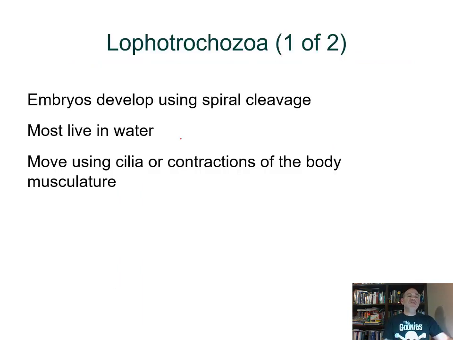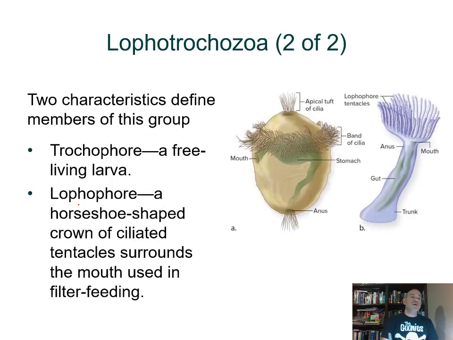So looking at the Lophotrochozoa now, which in the prior edition included both, which was part of the broader Spiralia, and then there was the Platyzoa, but they're all protostomes, so they're going to have spiral cleavage. This is something we covered in the prior chapter, and most are going to live in the water, and some are going to use cilia or contractions of body musculature to move around for their locomotion.